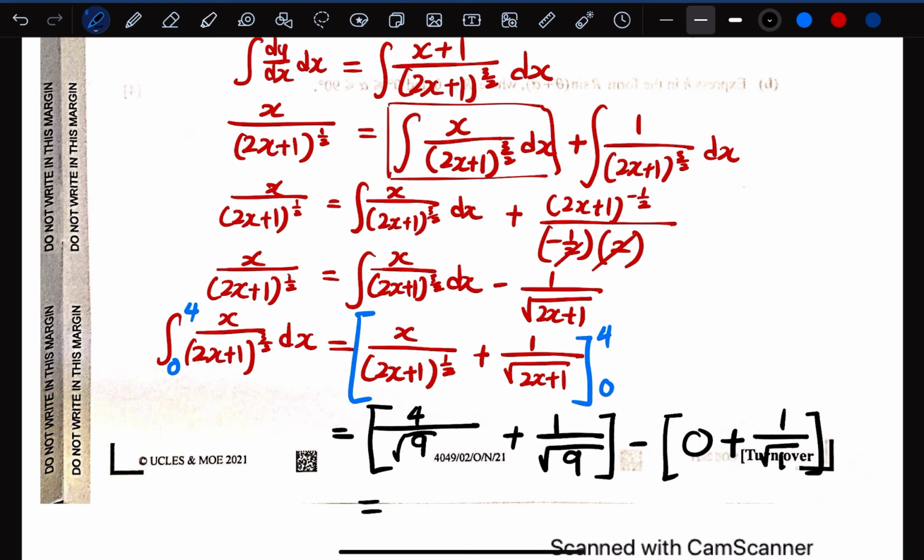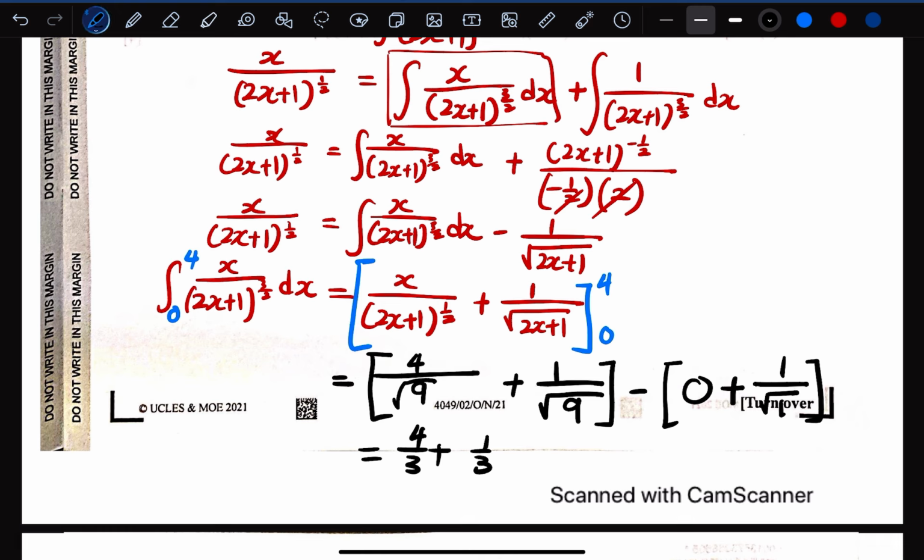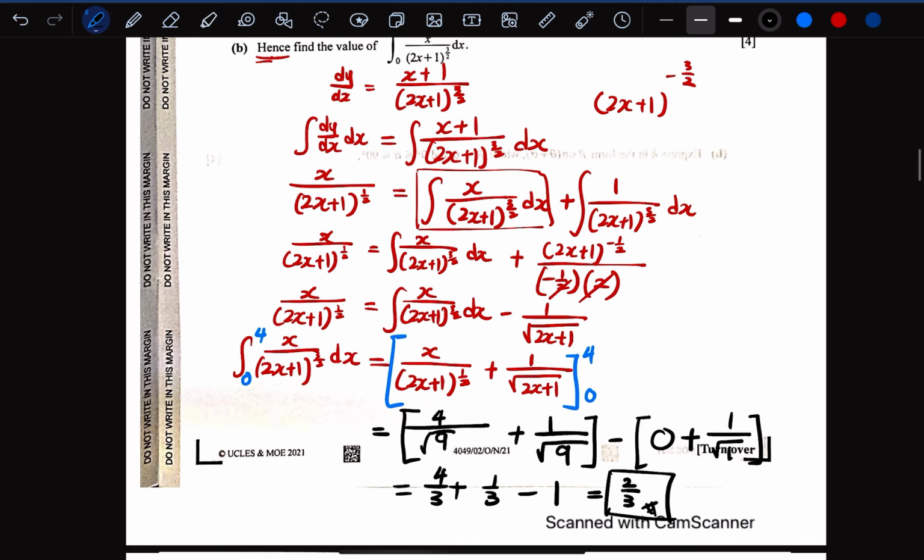And then 1 over root 9 is 1 over 3, so it's 4 over 3 plus 1 over 3. And I'm minusing away 1 over root 1, which is just minus 1. And in the end, I just get 5 over 3 minus 1. I get my answer to be 2 over 3. And this is your final answer.